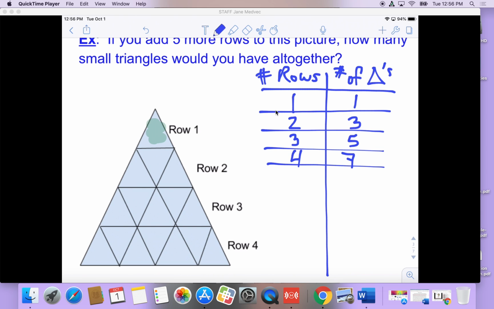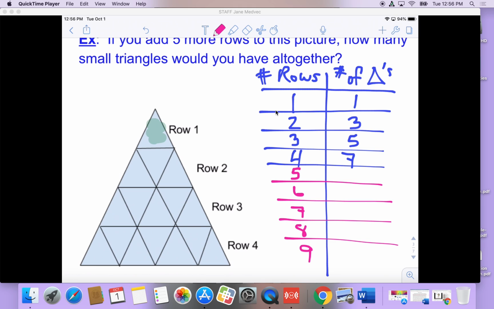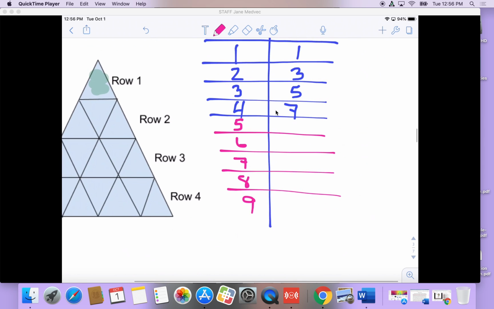I don't know any more. So rather than drawing, it says I've got to come up with 5 more rows. So there's row 5, 6, 7, 8, 9. Now, take a look at the pattern. What is the pattern that's taking place? Yep, so I'm adding 2.